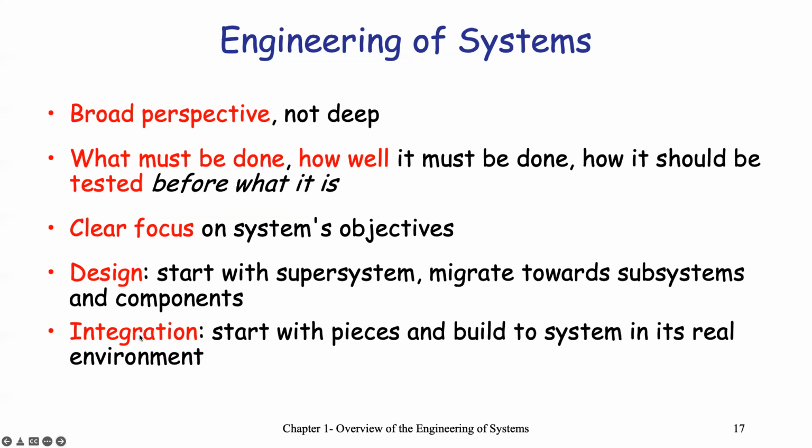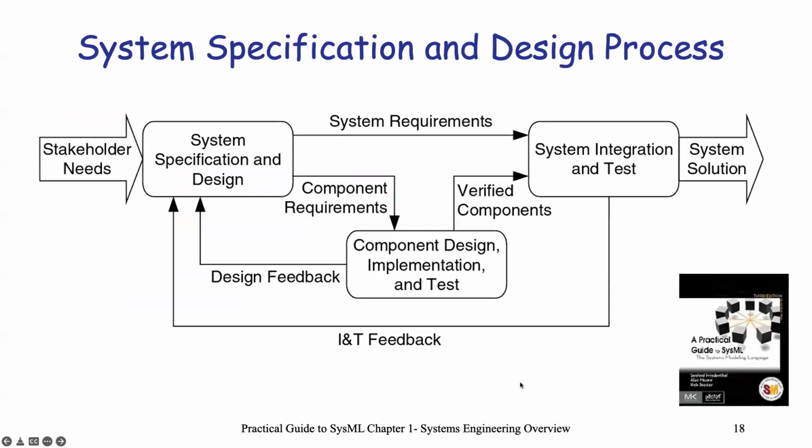So once you have the design, then you do the integration. We'll talk about something called the system engineering V. So you start with pieces and build to a system in its final environment. So the design, you go into more and more detail that's going down the V. And then for integration, you build the pieces, build to subsystems, and to the system sensor, you go up the other side of the V, which we'll be showing.